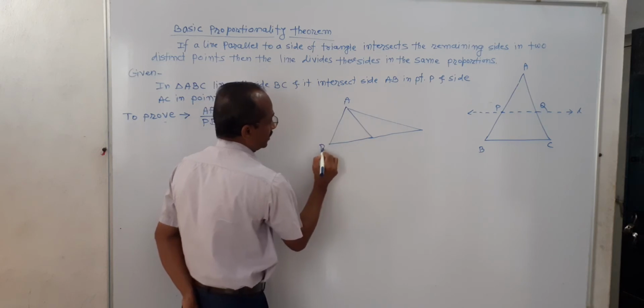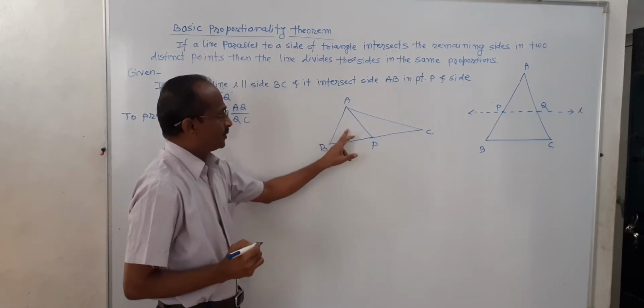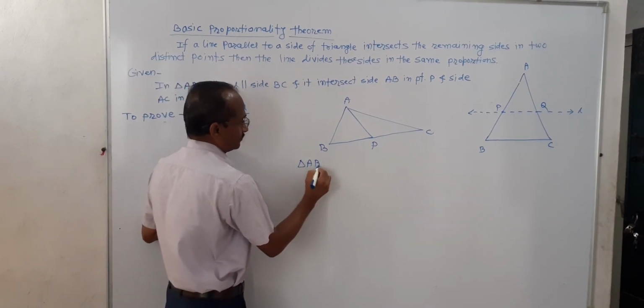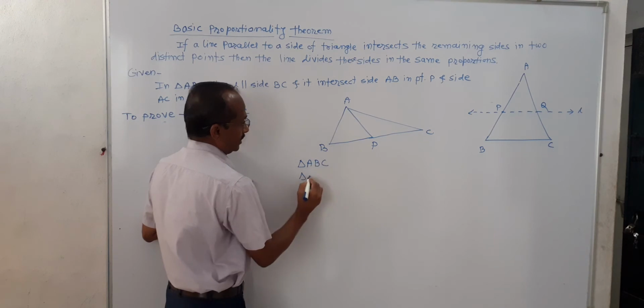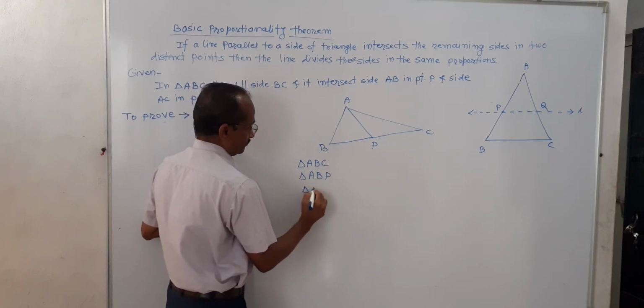Now you see in this figure. In this figure there are three triangles: triangle ABC, triangle ABP and triangle APC.